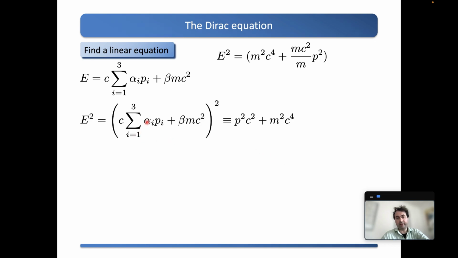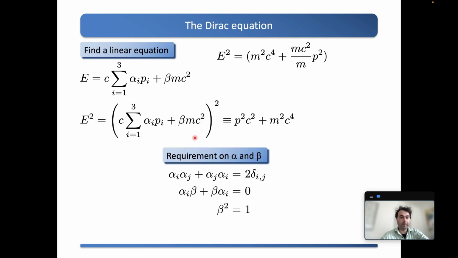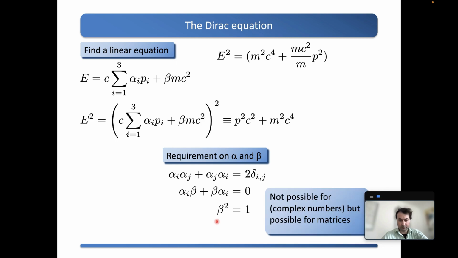Then this sets some requirements on alpha and beta, and actually the requirements on alpha and beta are that they anti-commute, so alpha i alpha j plus alpha j alpha i is 2 delta ij, and the same for beta. So the product of beta with alpha has to be 0 for the anti-commutator, and beta square has to be the identity matrix.